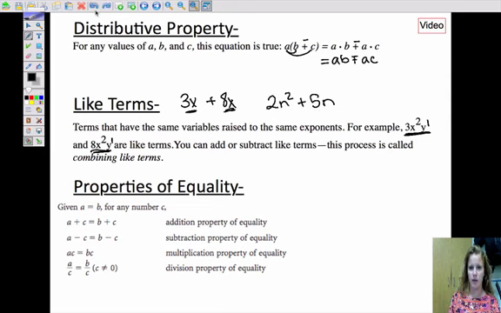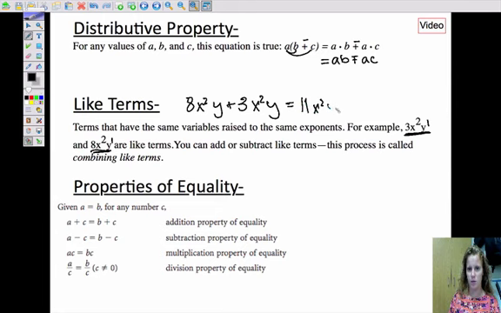Or if instead of n, this were m squared. Those are not the same because they don't have the same variable. Okay, so like terms have the same variables to the same exponents behind them. And then we can add them or subtract them just the way they are. So if we had 8x squared y plus 3x squared y, altogether that would be 11x squared y.